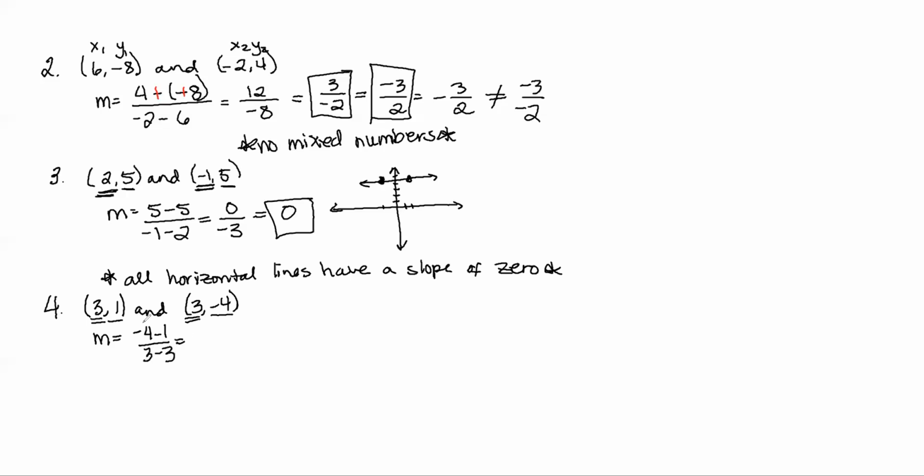And so on top, -4 minus 1 is -5. So we have a vertical change, but our horizontal change is 0. And what is any number divided by 0? Well, we can't say how many times 0 goes into -5, so this is undefined.